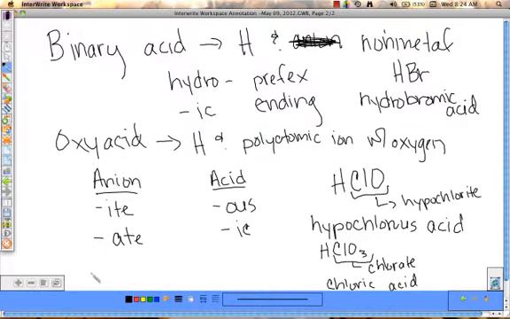Okay, and then bases, what do bases have in them? We have the OH ion, and what's OH called? Hydroxide. So it would be a metal hydroxide.